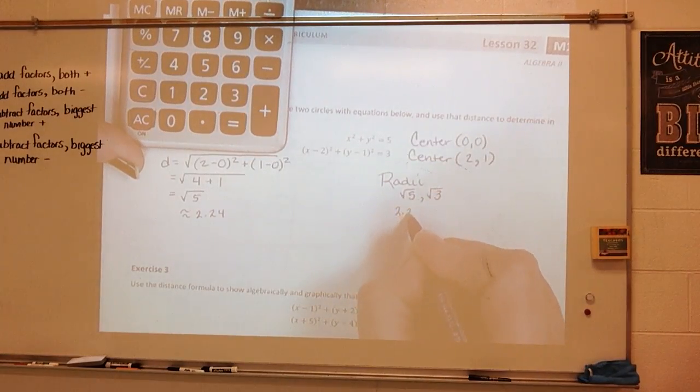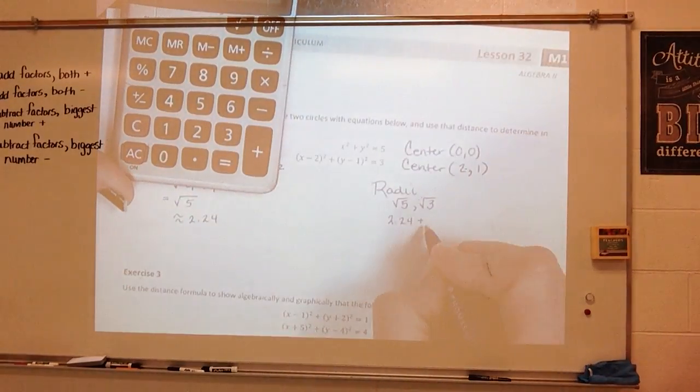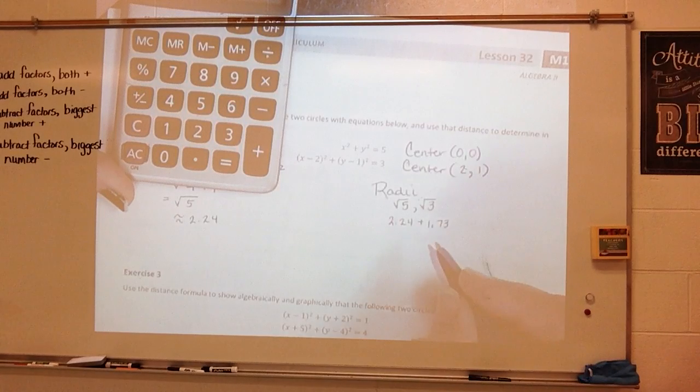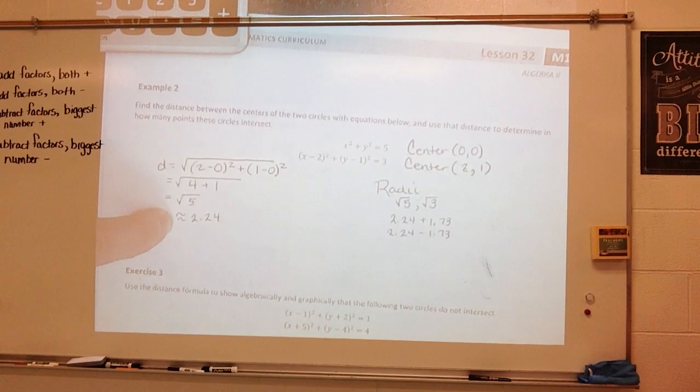If I take 2.24 and add the square root of 3, 1.73, or if I take 2.24 and subtract, I'm going to see that my distance is between those 2 sums or differences.